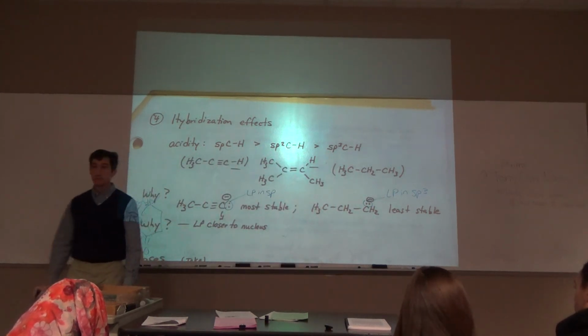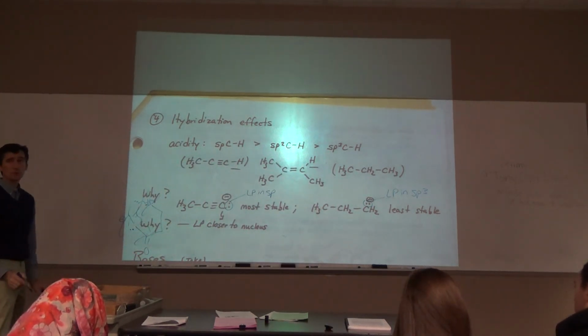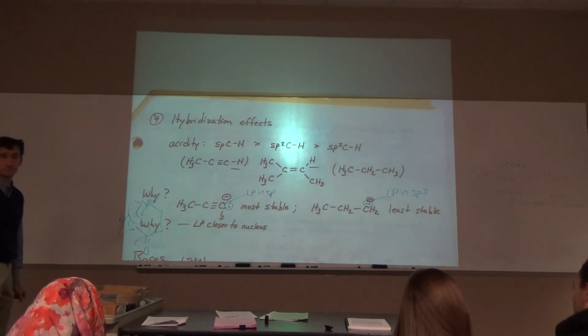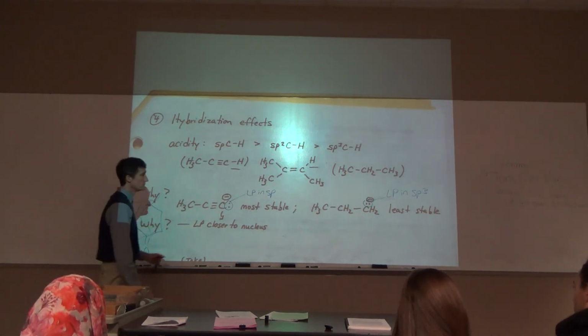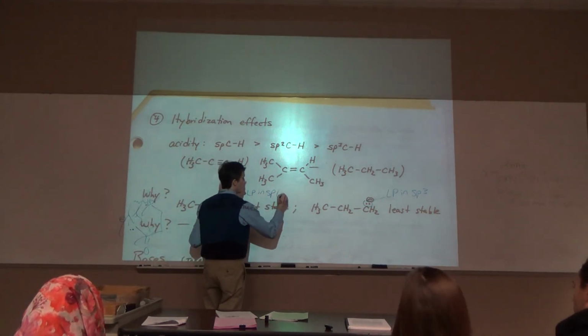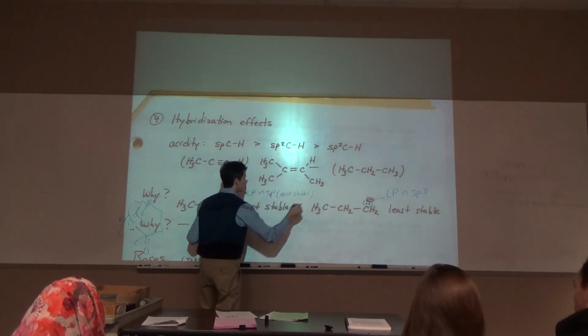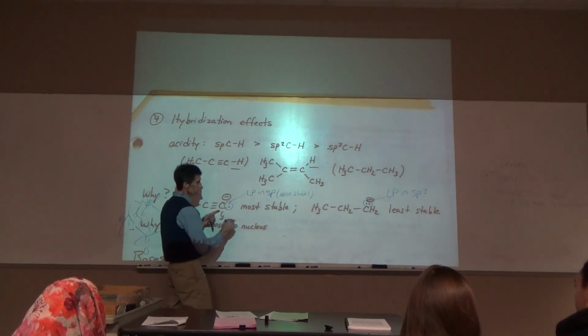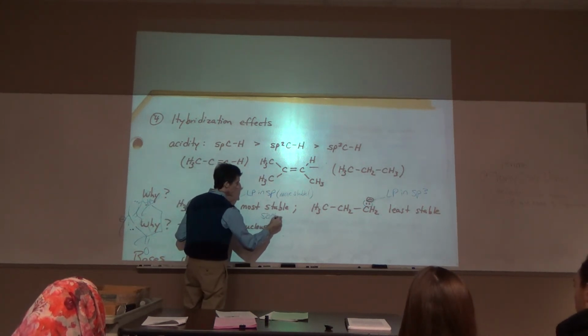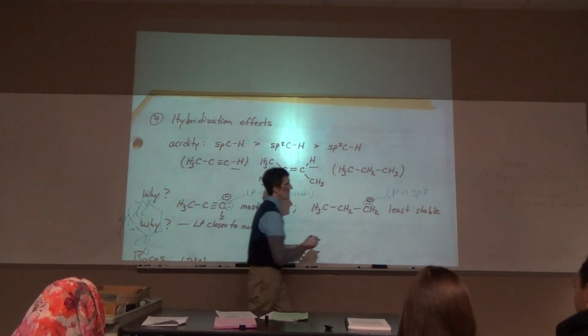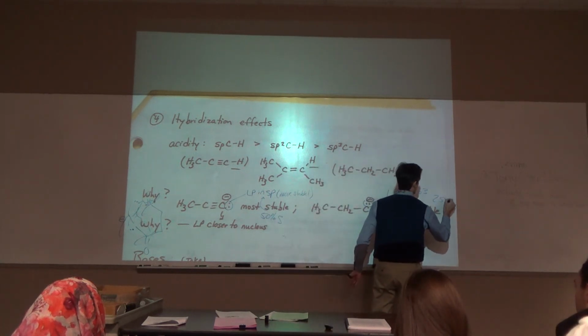There's your difference. Which lone pair is more stable? This one. Why? 50% s character versus 25% s character.